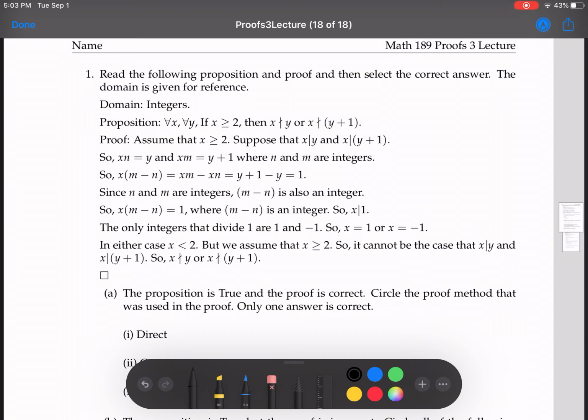All right, so we assume that x is greater than or equal to 2. Nothing different there. That's assuming that this is P, this is Q. It's an if-then, so we have P implies Q. So we assume P. And then notice what we assume here. Q is an OR.